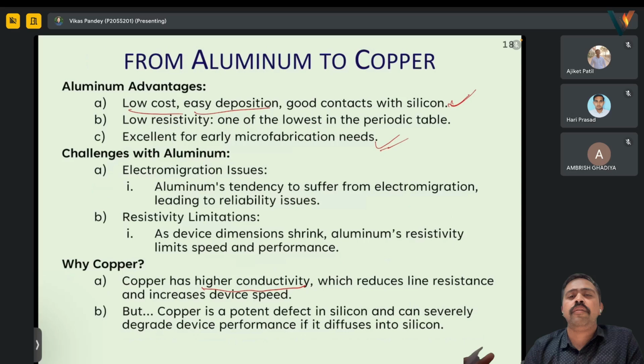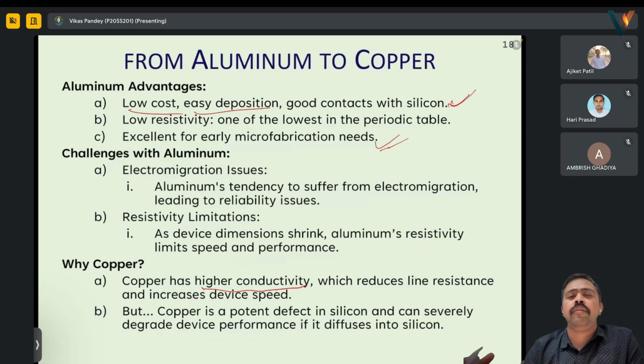So how is it done? A thin titanium layer is deposited over the entire surface as a diffusion barrier, like using titanium nitride or titanium tungsten. A very thin layer, and this is done using CVD. Okay, and then copper is deposited, and then CMP.